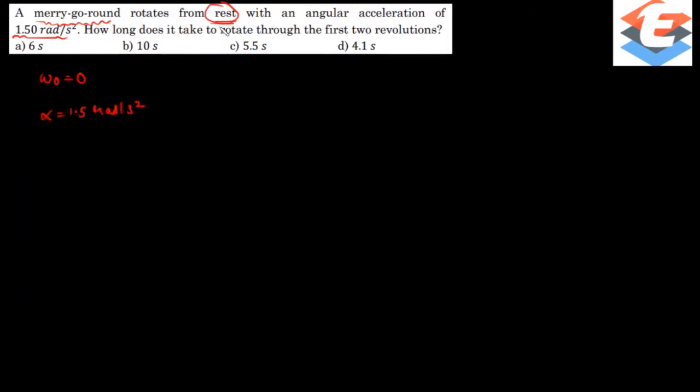How long does it take to rotate through first two revolutions? Okay, first two revolutions, which means theta was 2 revolutions. What does it mean by 2 revolutions? See, if I take a particle, in this case the merry-go-round, and a child is sitting here, one complete revolution means when it completes one full circle.